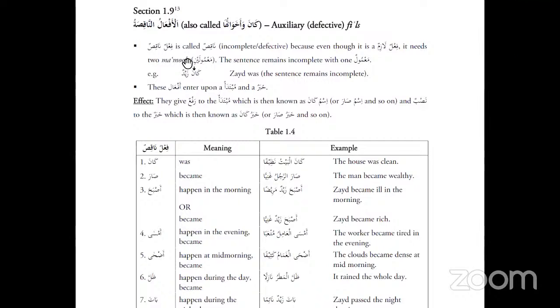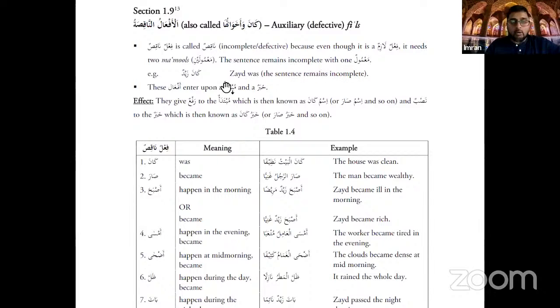Fi'lun naqisun is called naqisun, incomplete or defective, because even though it is a fi'l lazim, it needs 2 ma'muls. The sentence remains incomplete with 1 ma'mul. Ma'mulain means it requires 2 words or components which it can act upon.